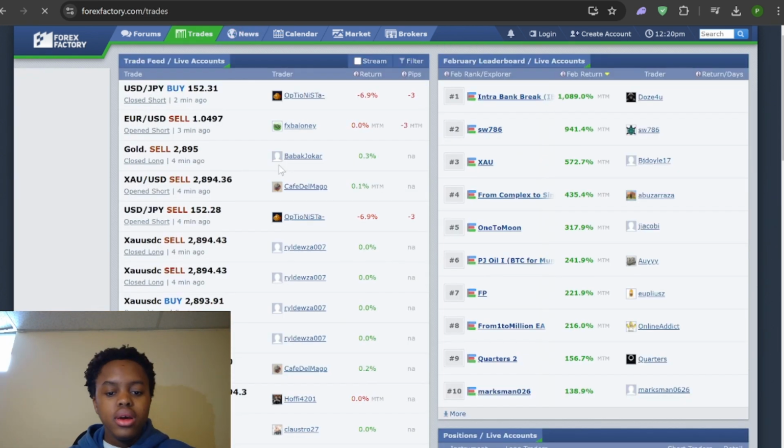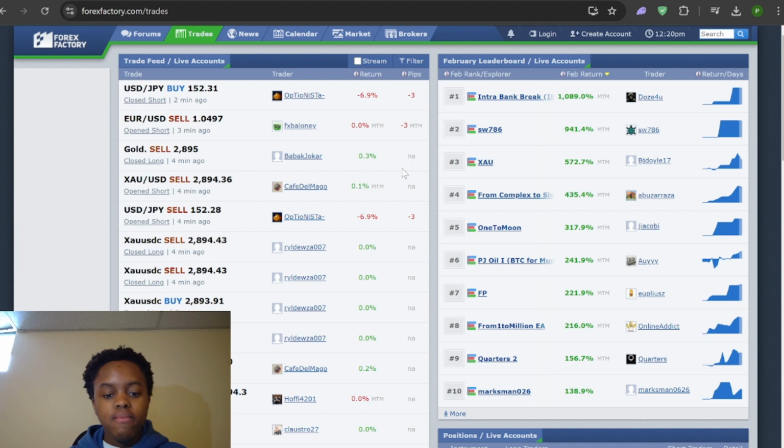Trades. This is where people post signals, basically, of the particular currency pair that they're trading, or what they predict the price action is going to be. You can see someone is selling XAUUSD at this price point here, 4 minutes ago, open shorts.